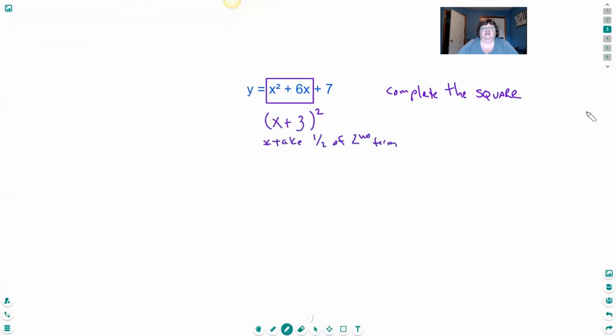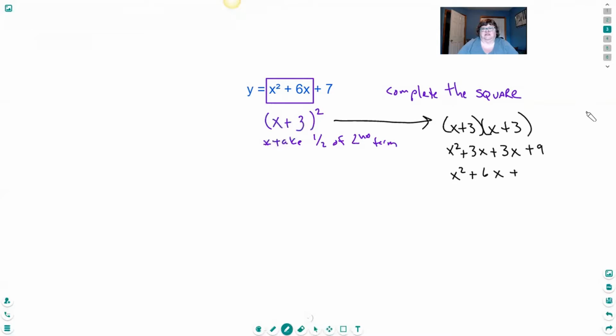Now I'm going to show you just quickly, I won't do this on every problem, but I will on this one, what this means when you complete the square here. So I'm going to take x plus 3 squared and write it out the long way. And then I'm just going to multiply it out to see what happens here. So I'm going to get x squared plus 3x plus 3x plus 9. So that gives me x squared plus 6x plus 9.